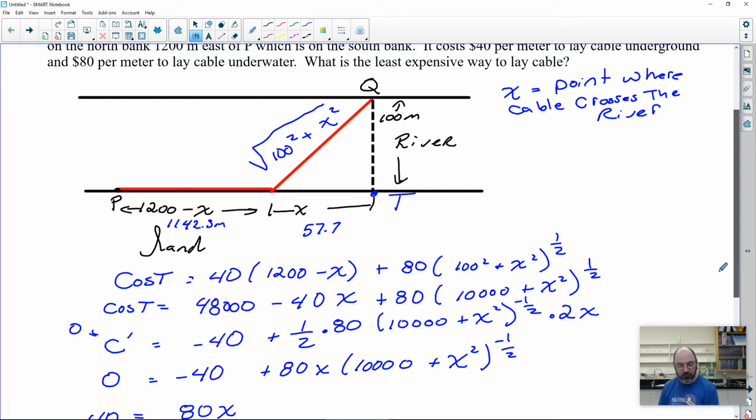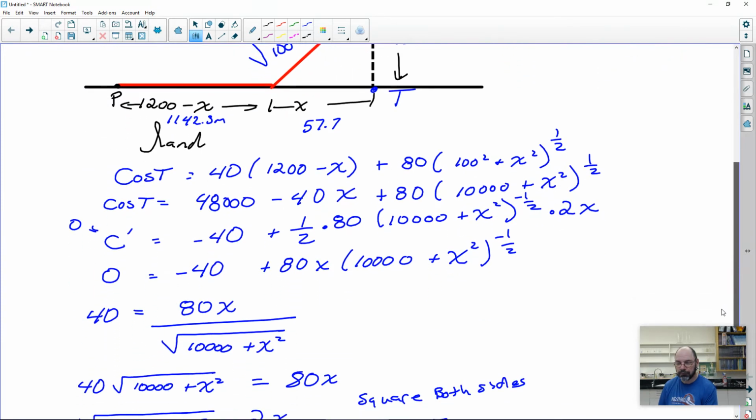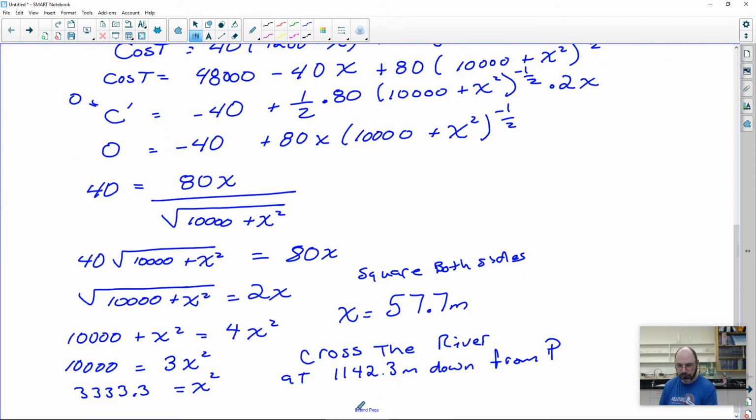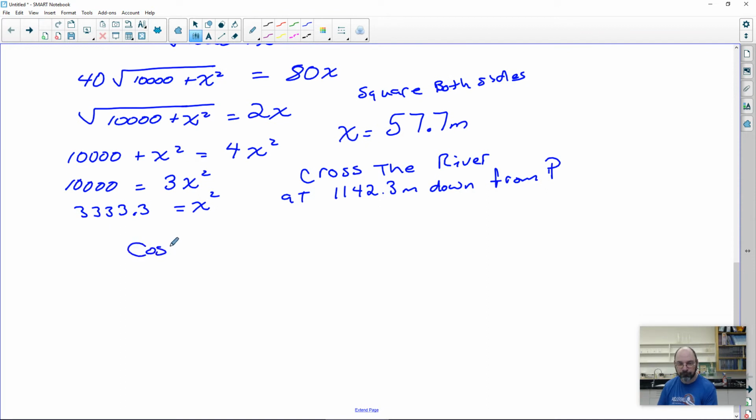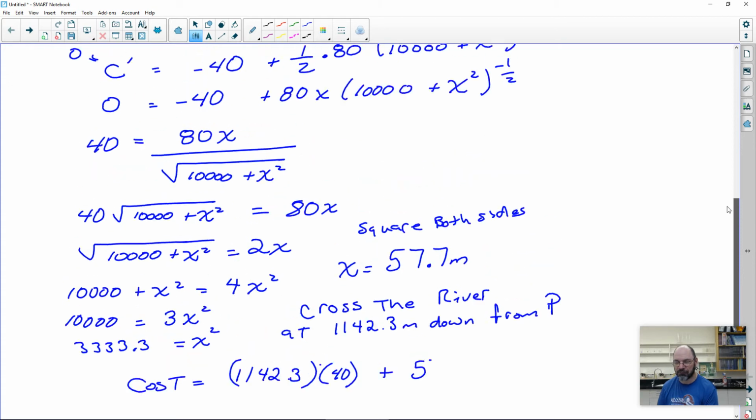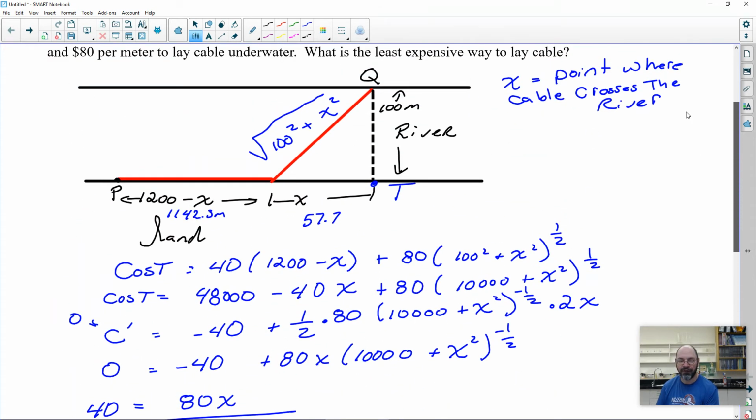Now, if I ask you the question, what is the cost? You could figure it out. So the total cost would equal, I don't know if I asked that, but if I did, so we cross the river at that. So we could go 1,142.3 times that cost, which was $40 per meter, plus, oh, can't do 57.7. We have to do the whole 100 square root.